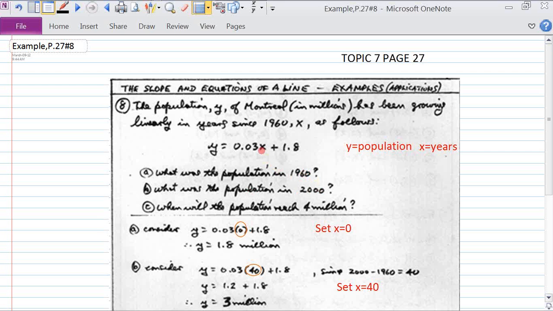That was 40 years later, so we put 40 in here and calculated Y. And the third part says, when will the population reach 4 million? So Y is population, so you put 4 here. Now, this is in millions, so you don't put the number 4 with 6 zeros in because this is already in millions.